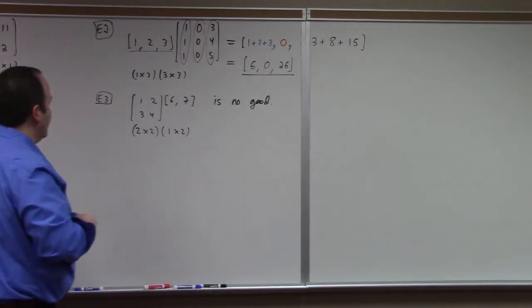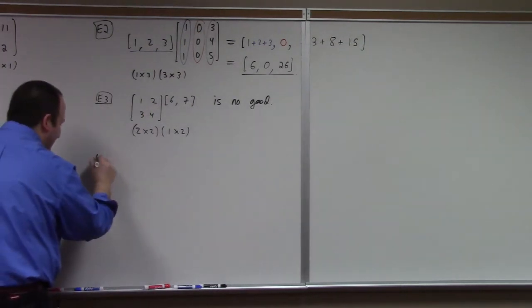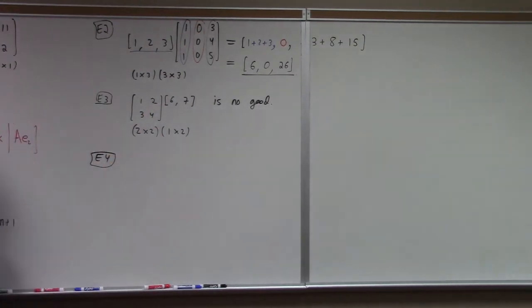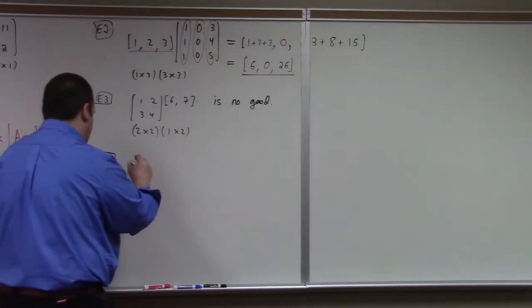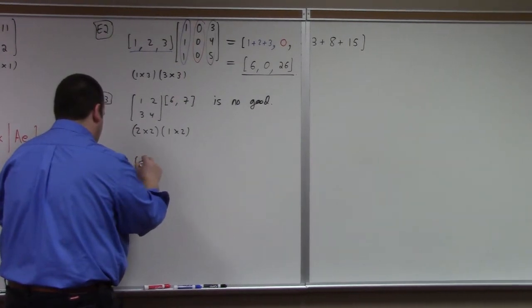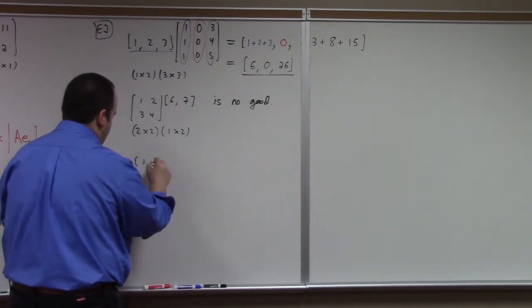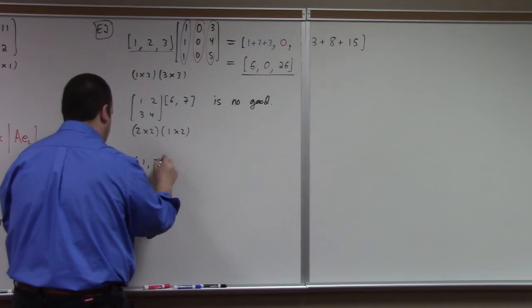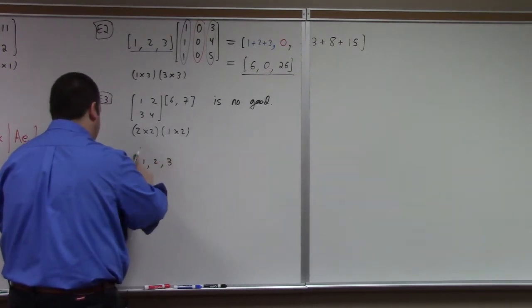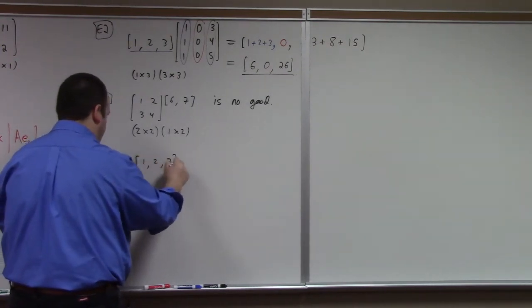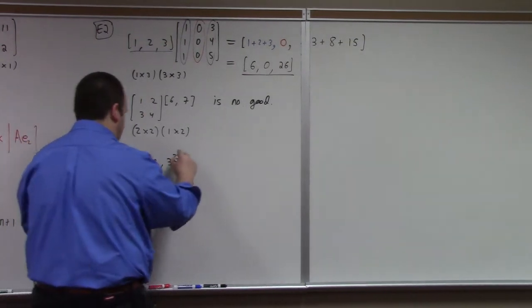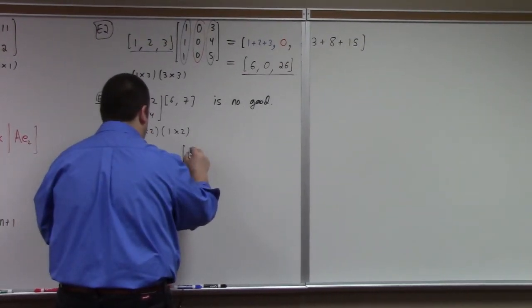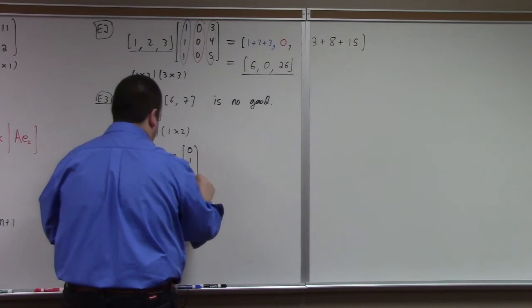Technical phrase. All right. Example 4. What happens if we do 1, 2, 3, we'll make it a row vector, times 0, 1, 1?